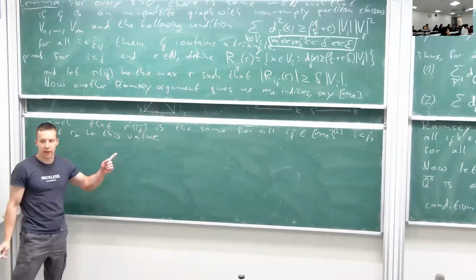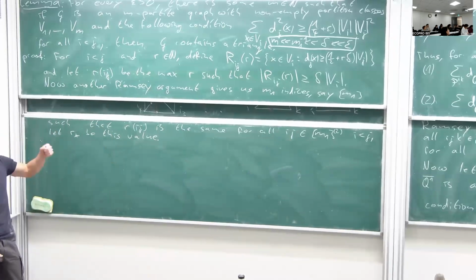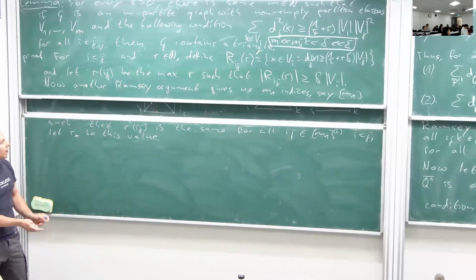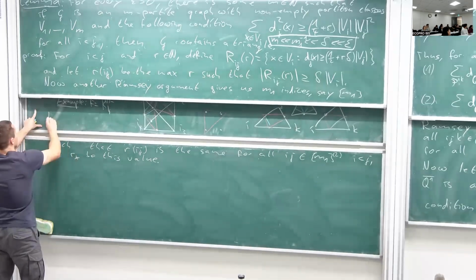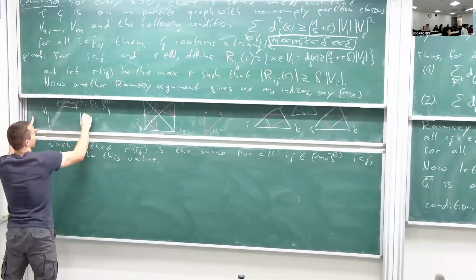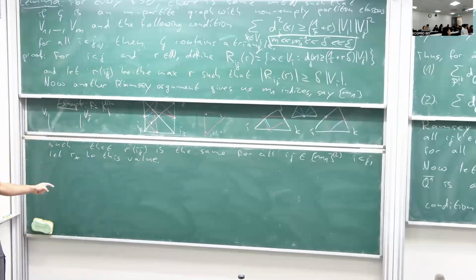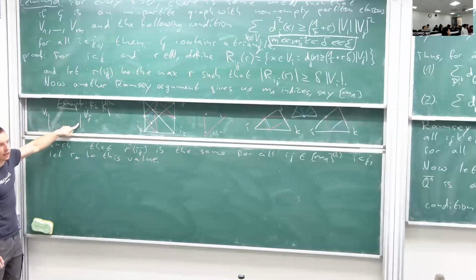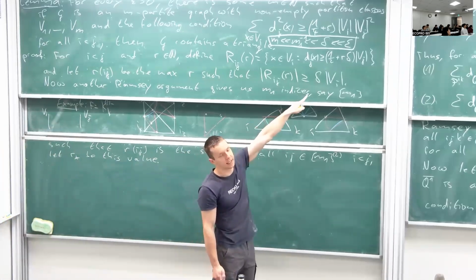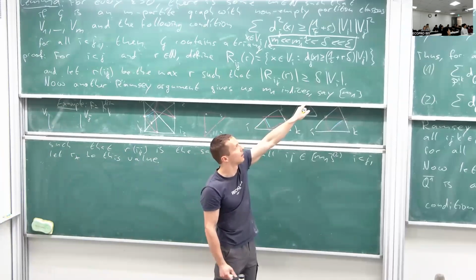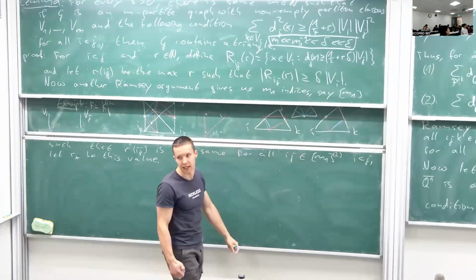So why am I calling this effective maximum degree? We now know that whenever we look at two partition classes, VI and VJ, we know that for most of the vertices here, the degree in this partition class is at most 1/2 plus R star times delta, and that whole thing times the size of VJ.